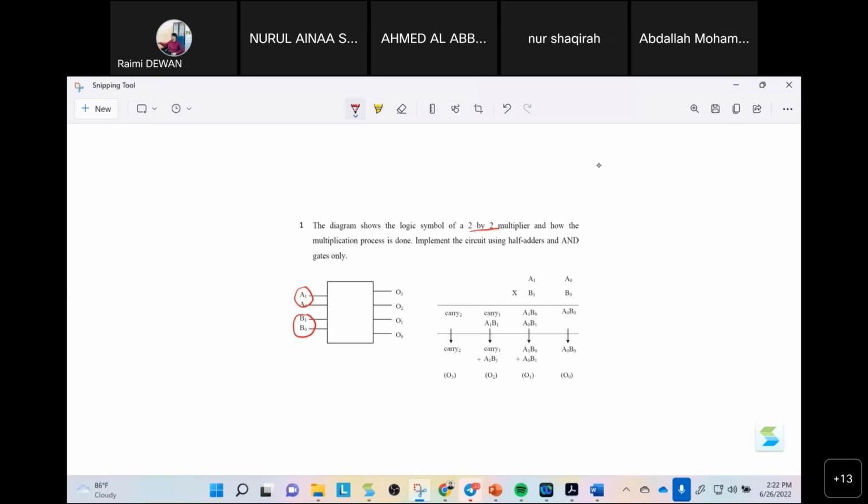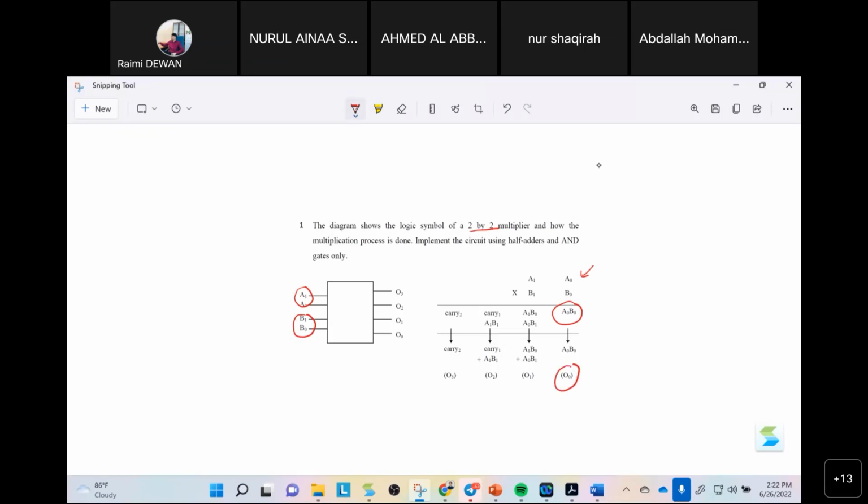Okay, how the multiplication process is done. They show the multiplication process: A1 A0 times B1 B0. The first operation is only A0 B0, which gives output 0.